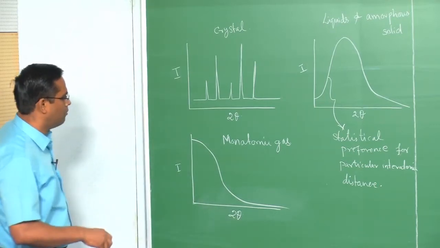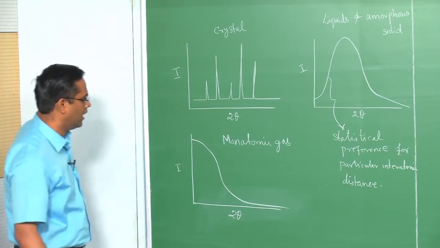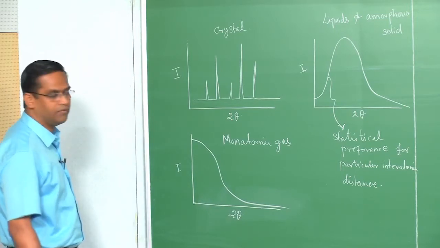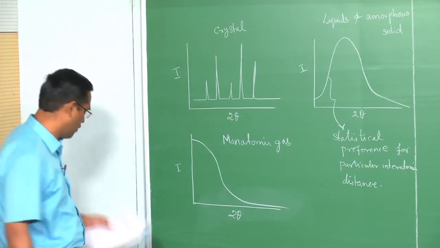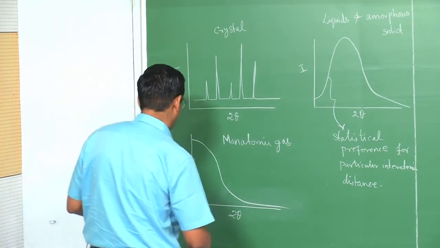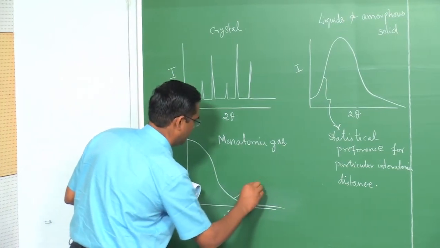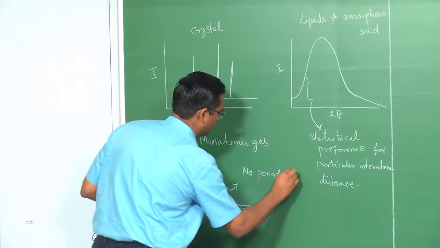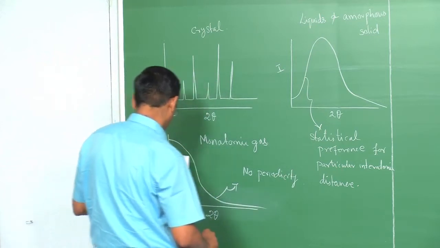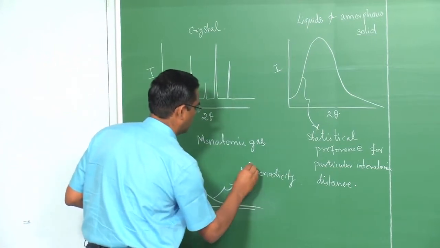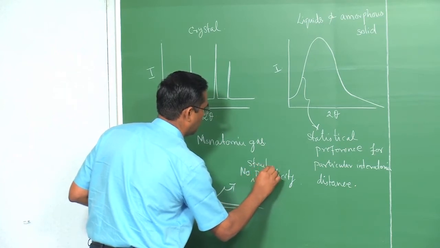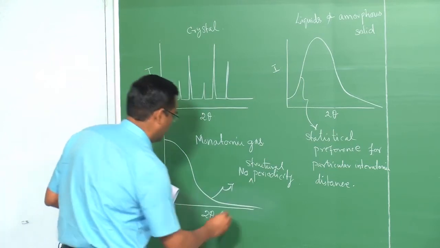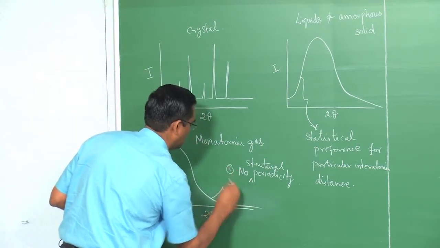And if you look at the monatomic gas, it is much more interesting. You do not even see any kind of peak broadening because of the complete randomness. So, you can write that it features no structural periodicity at all. This is point number 1.